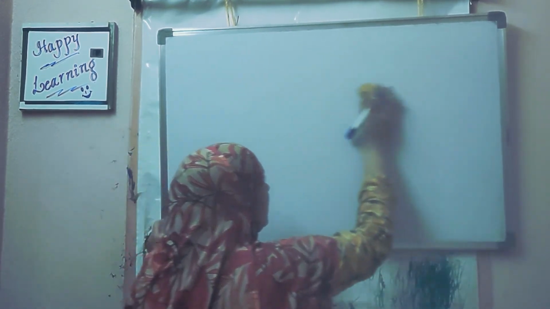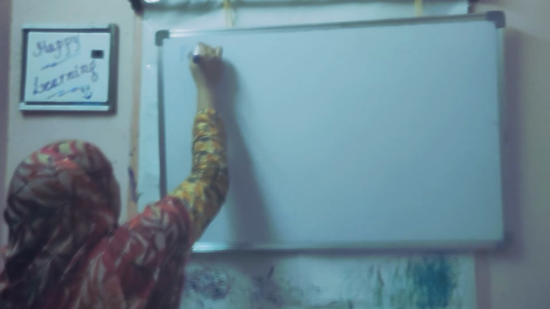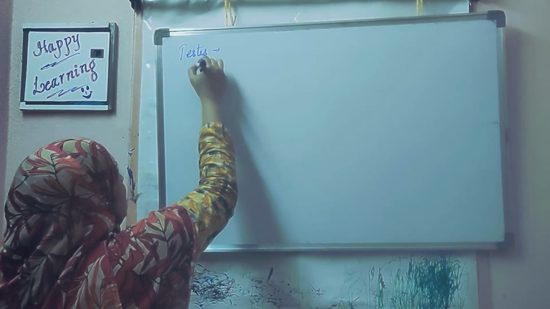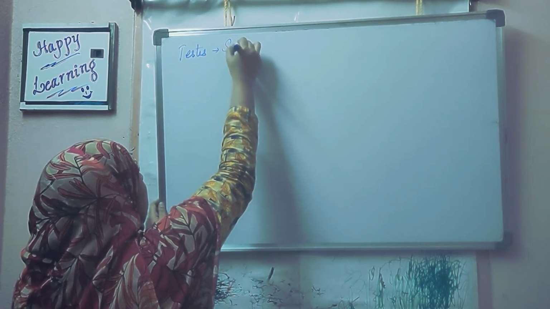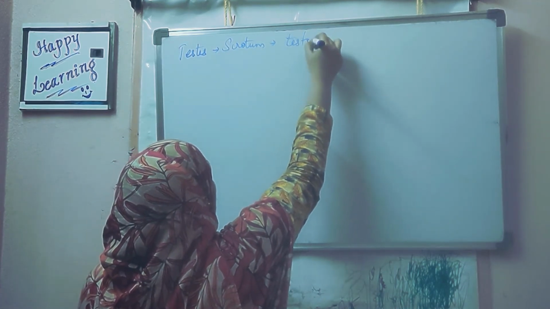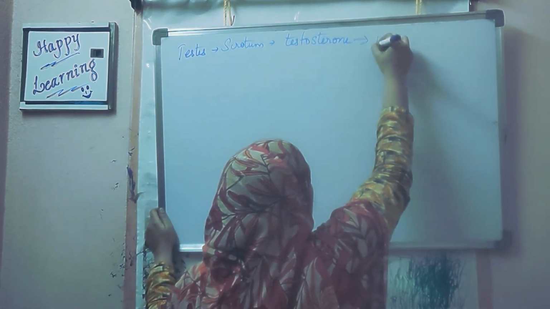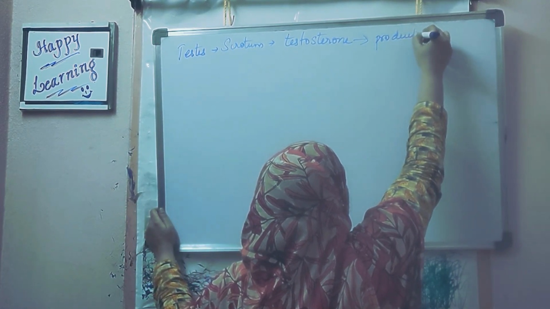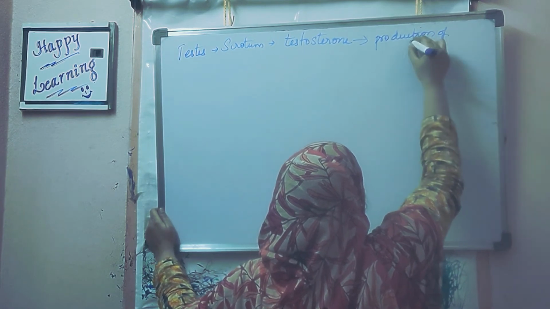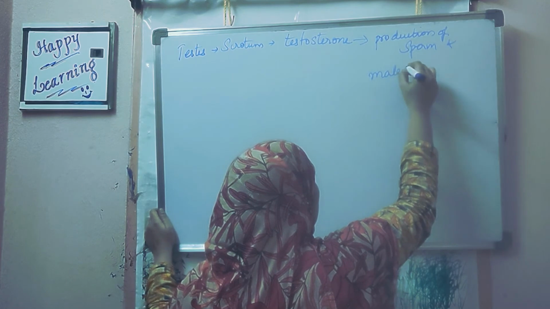Next gland is testis. In case of male body, it is testis. Testis is present in scrotum and it releases a hormone called testosterone. The function of testosterone is production of sperm and male sexual characters.